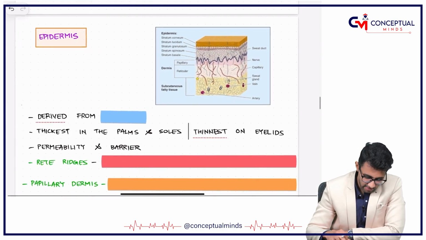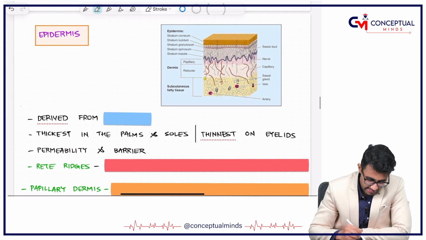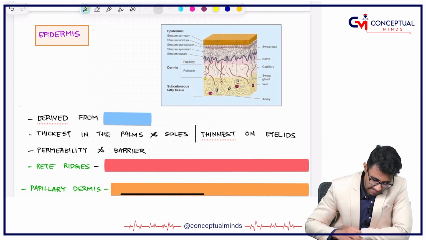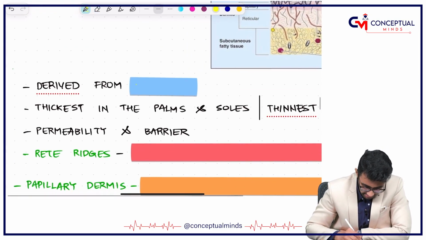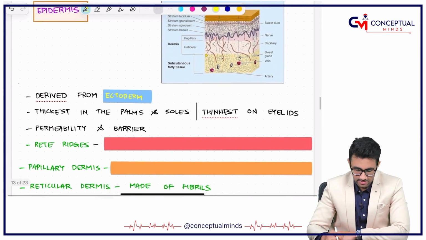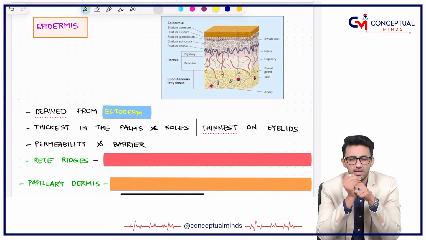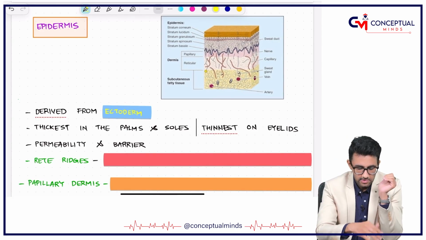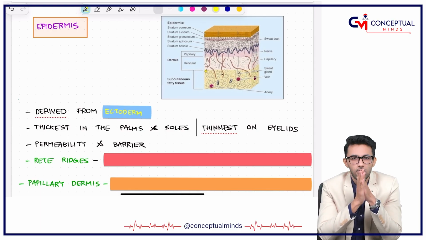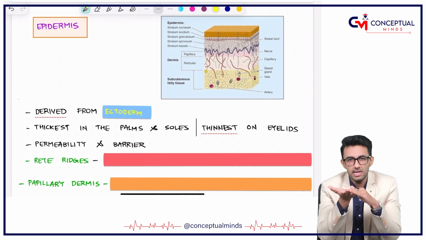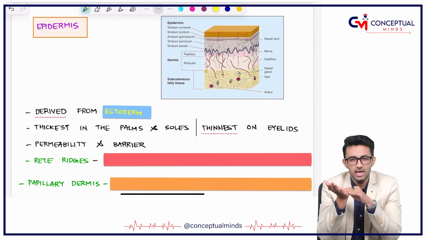First of all, the origin. This is of ectodermal origin. Let us write down: derived from ectoderm. This is the thickest layer in the palms and soles. Definitely, as we can see if we just check on our own body, the epidermis is quite thick, if you can just feel it.